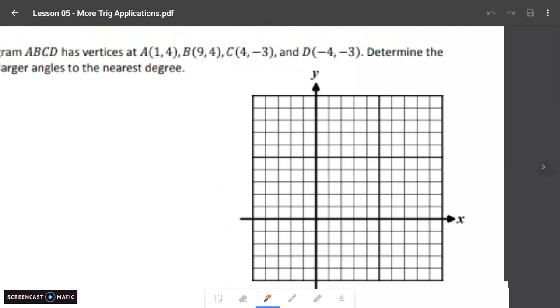So we're looking at 1, 4, 9, 4, 4, -3, and -4, -3.